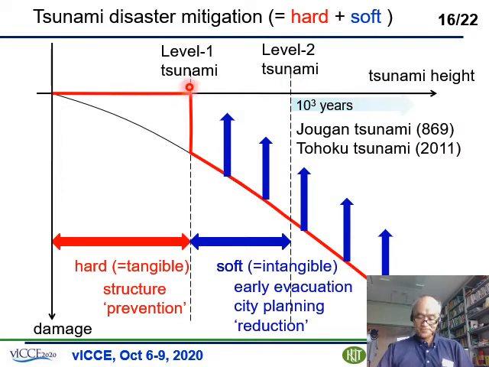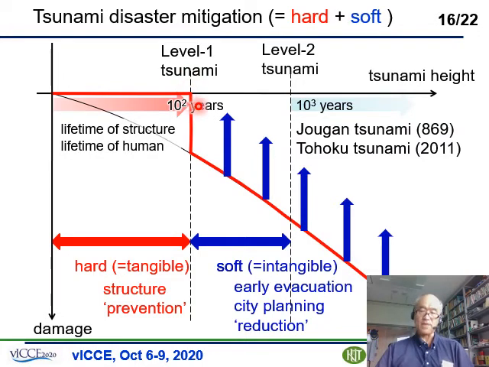In contrast, the level 1 tsunami will be used for the design of structures. The frequency of a level 1 tsunami will be once in 100 years, considering the lifetime of concrete structures and also the lifetime of human beings.